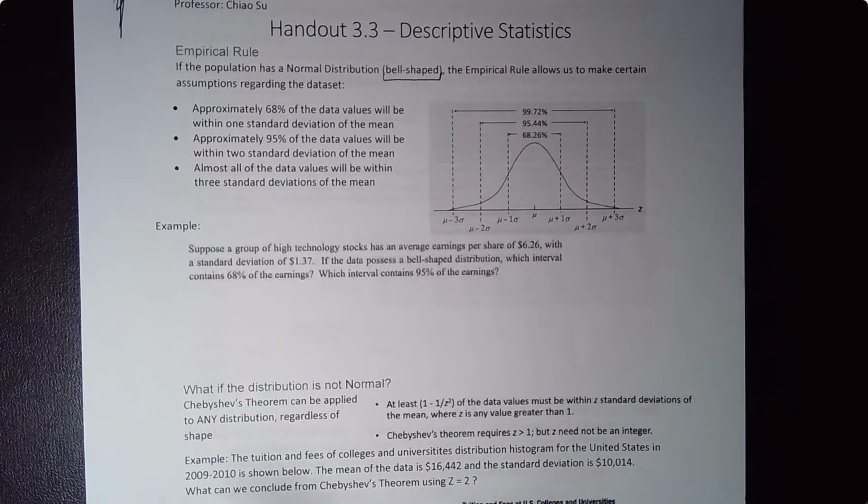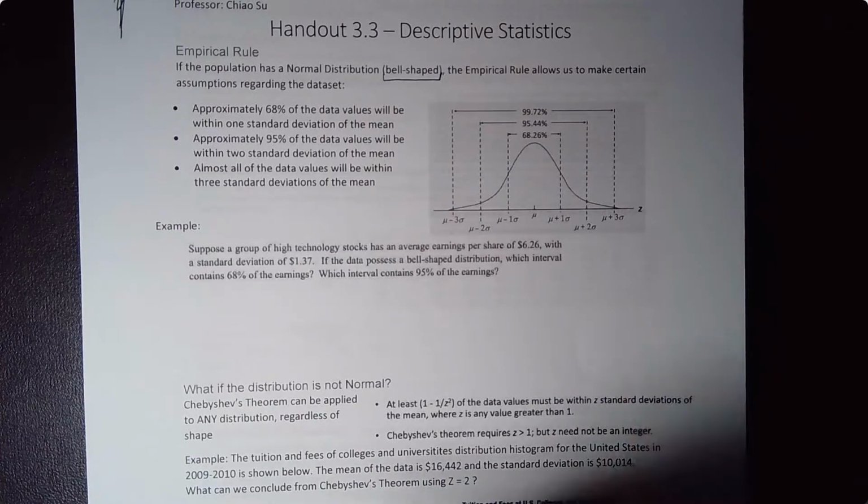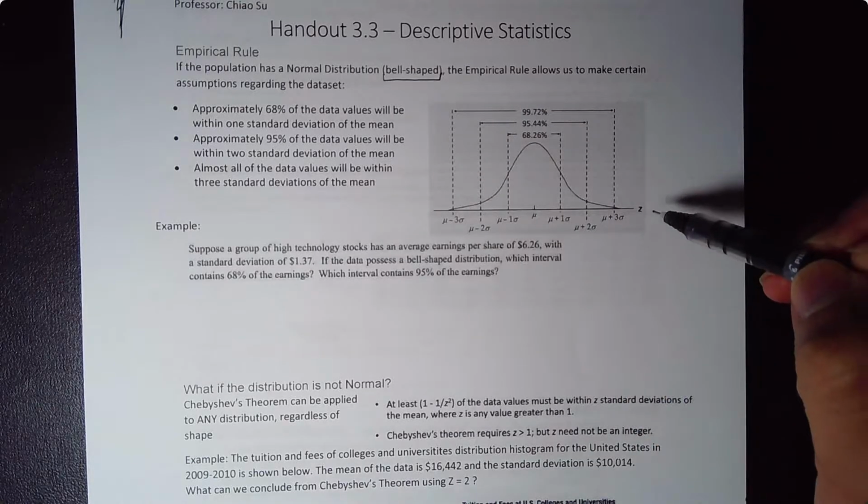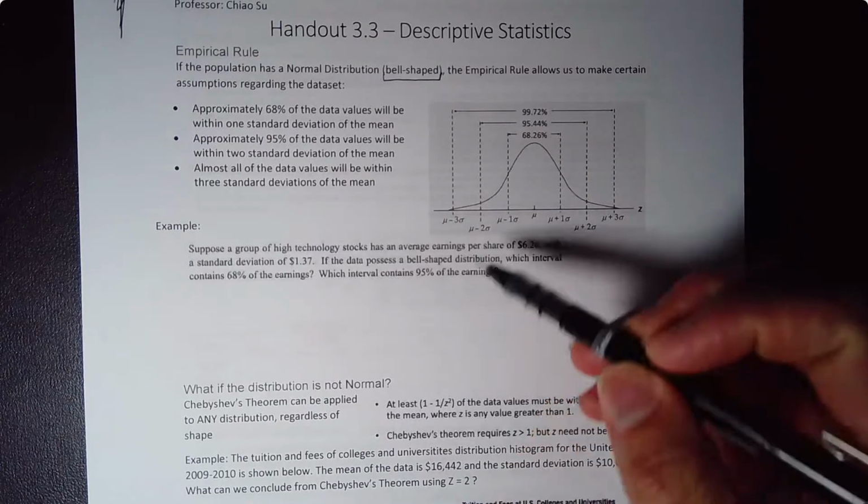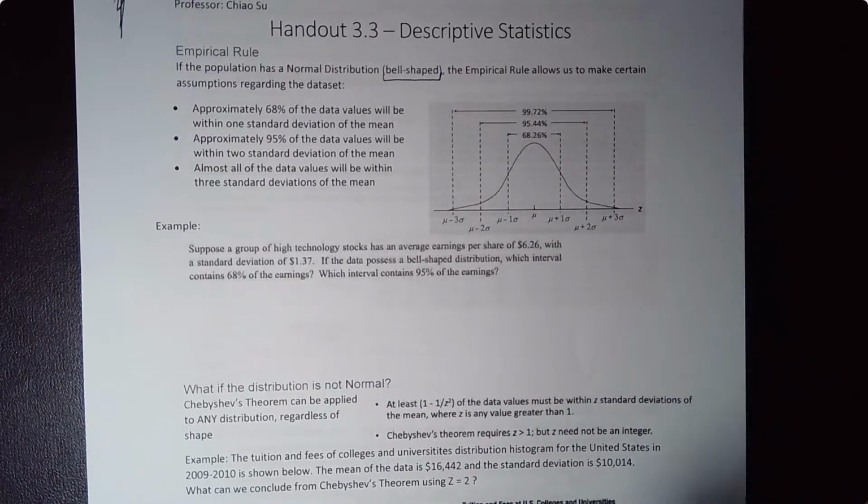But for now, if you have a population with a normal distribution, let's say this is income, can we take advantage of that fact and make some statements about it?